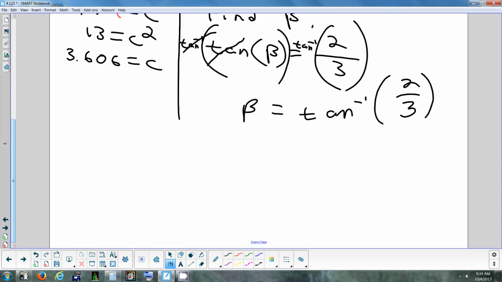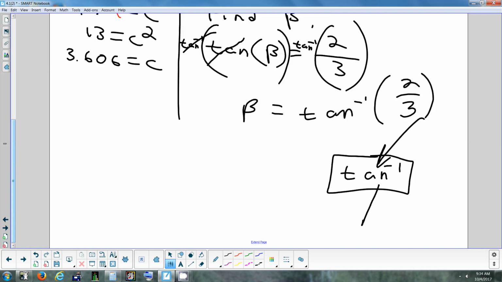Think of inverse tangent as like a magical box. You put things in the box and you get an answer out. You're taking 2/3 and putting it into that function. You're not adding, subtracting, multiplying, or dividing. You're putting it in and you get an answer out, and the answer is some kind of angle.